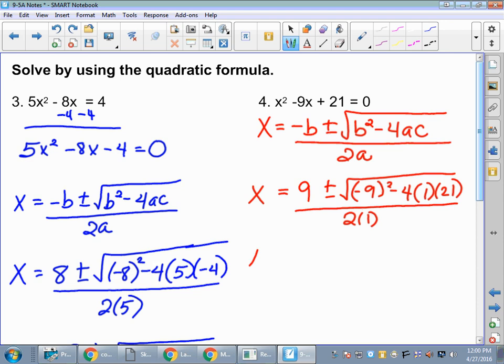Let's multiply. X equals 9 plus or minus the square root of 81. And then 4 times 21 times 1 is 84, so it's going to be a negative 84 there, all over 2.